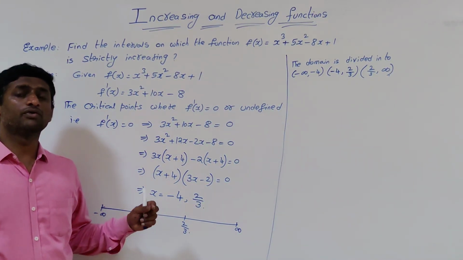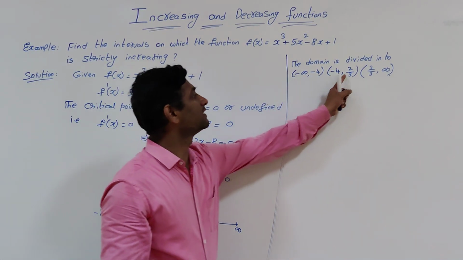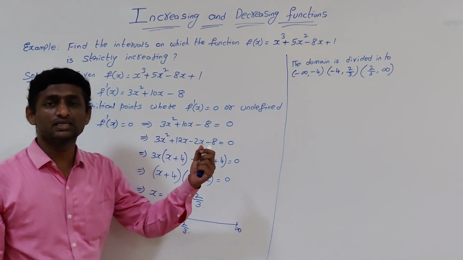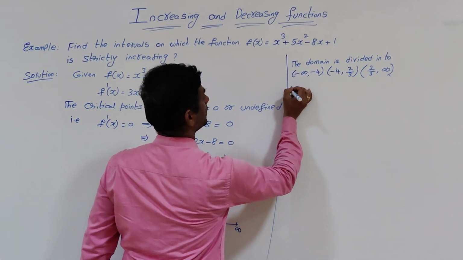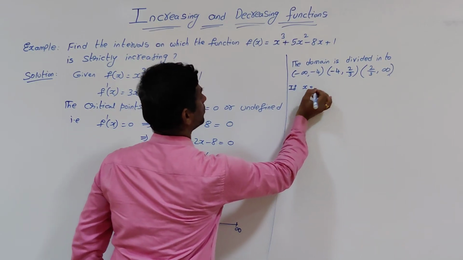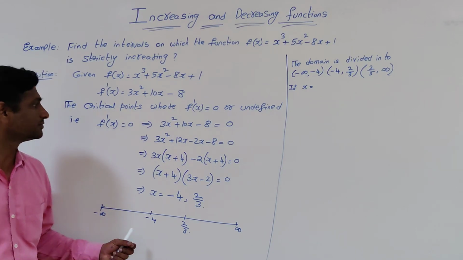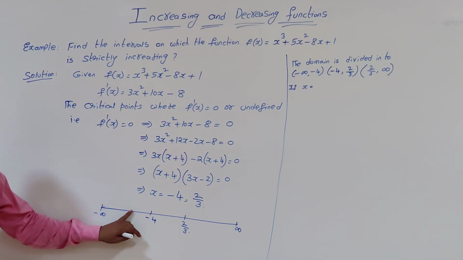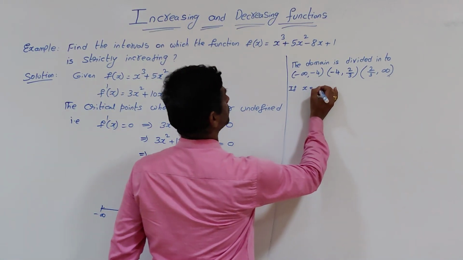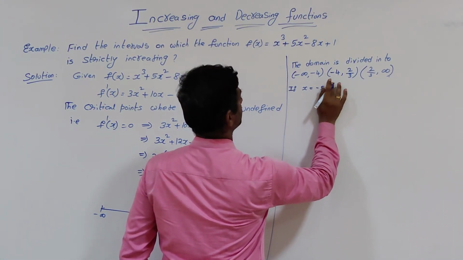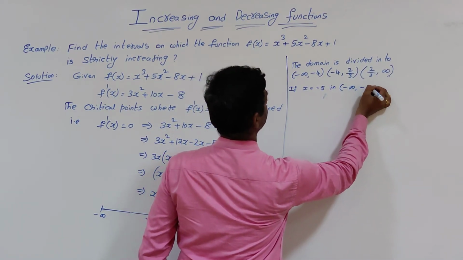The third step is we have to find the sign in these intervals, whether it is negative or positive. You choose any point in minus infinity to minus 4. Let us go for x equal to minus 5 in the interval minus infinity comma minus 4.